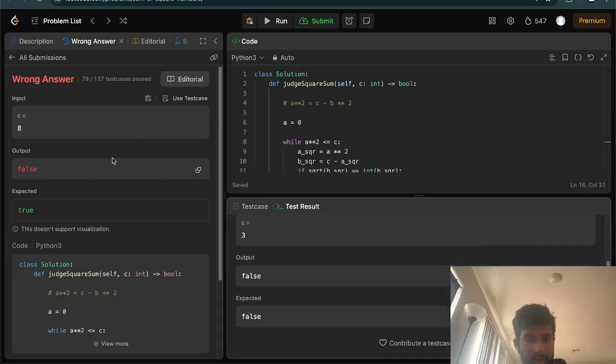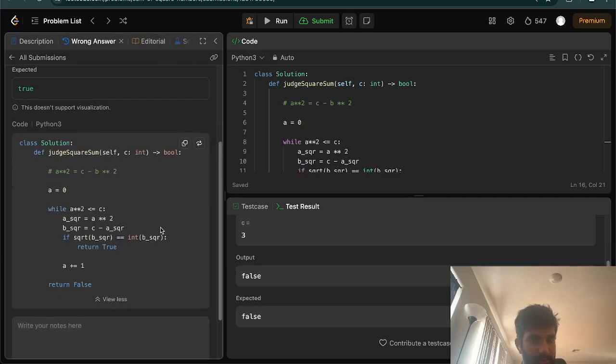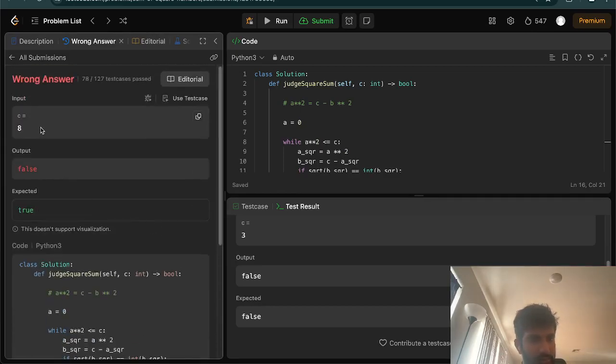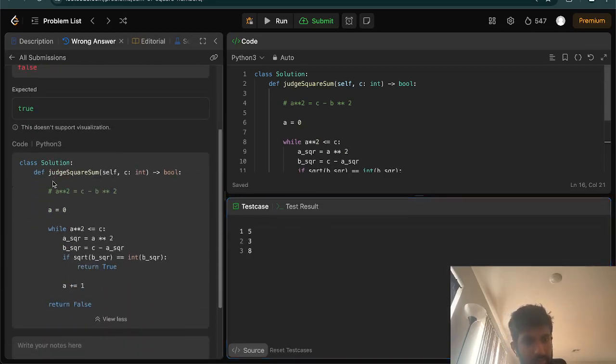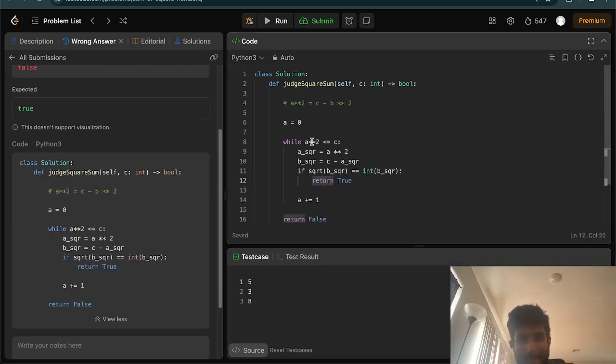Wrong answer. Interesting. The output is 4, but expected is 2, because 4 plus 4 is a valid number. Let me print a.